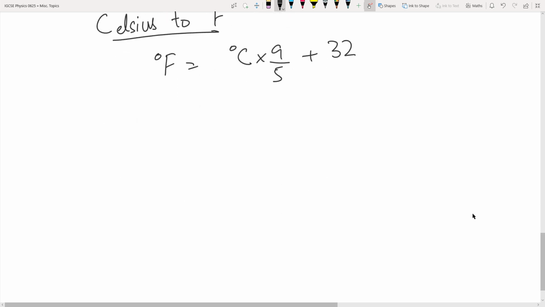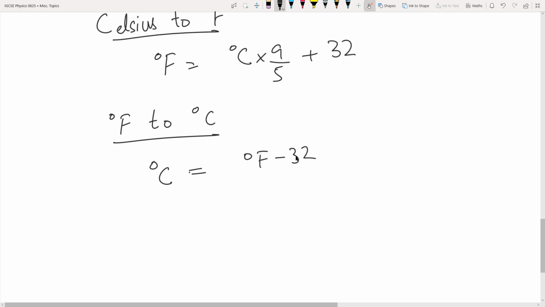And the other way around, if you want to get degree Fahrenheit to degree Celsius, then it's the other way around. Now you need to understand this numeral over here. Degree Celsius is going to be degree Fahrenheit minus 32, and furthermore, since we have subtracted this, it would be multiplied by 5 divided by 9, right?